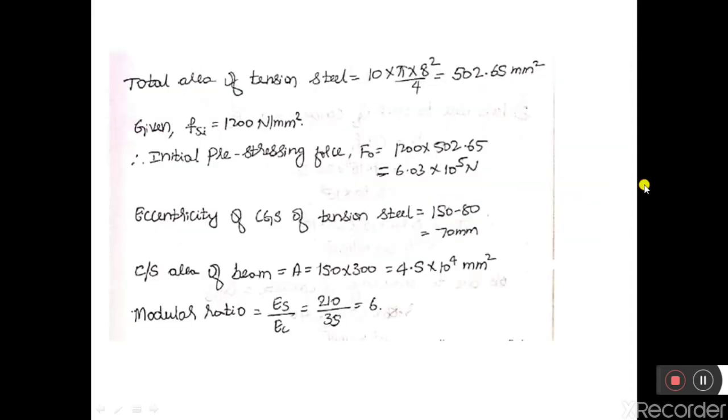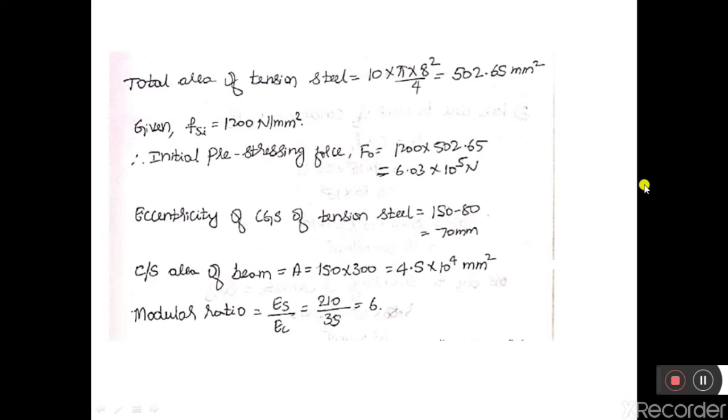That means first we should calculate what will be the maximum stresses in the cable after allowing for elastic shortening. So we know the formulas to calculate the different losses, and we also know what all the data required to substitute in the formula is.